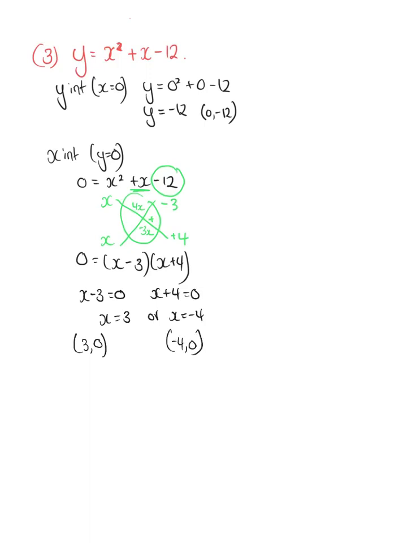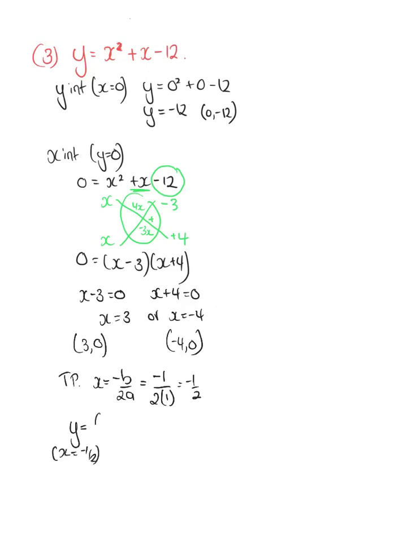And lastly, I'm going to find the turning point. And I know x at the turning point is negative b over 2a. So in this formula, b is 1, so it's negative 1 over 2, and a is also 1. So I get equals negative a half. To find out what y equals at the turning point, I'm going to put x equals negative a half into the equation.